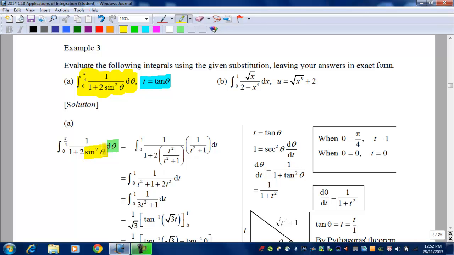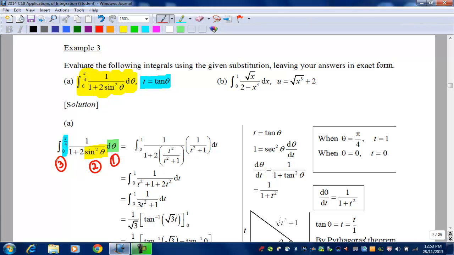And for definite integral, we need to make sure that the lower and upper limit change correspondingly as well. So just remember, for definite integral involving substitution, we have 3 things to take note. This has to be changed in terms of t, this as well, and the limits.